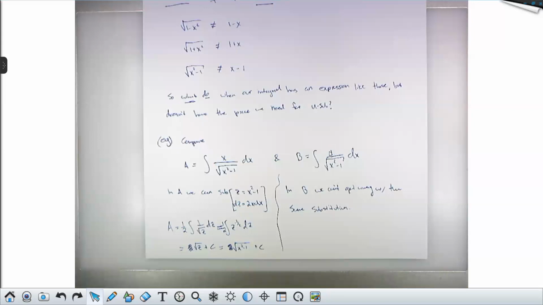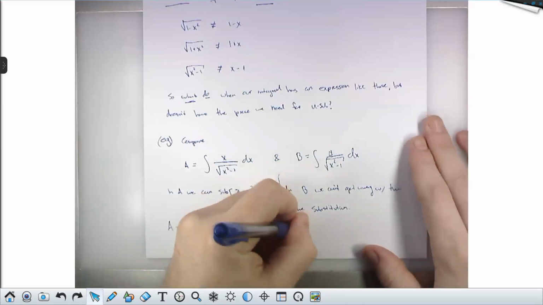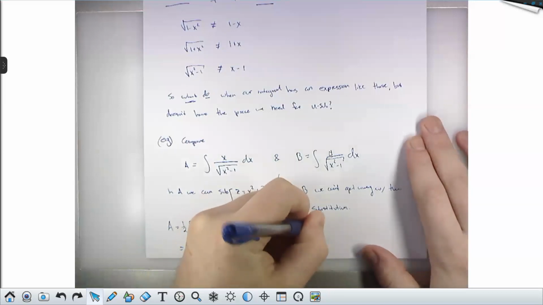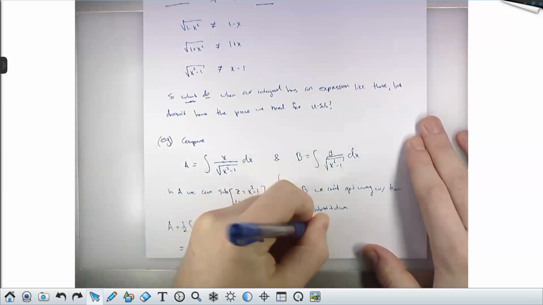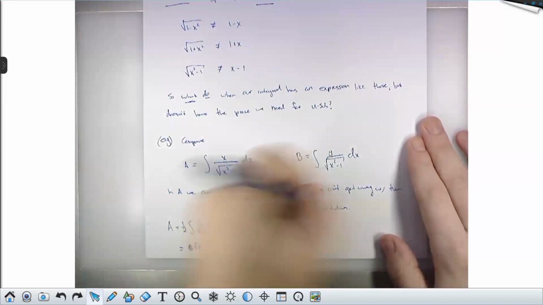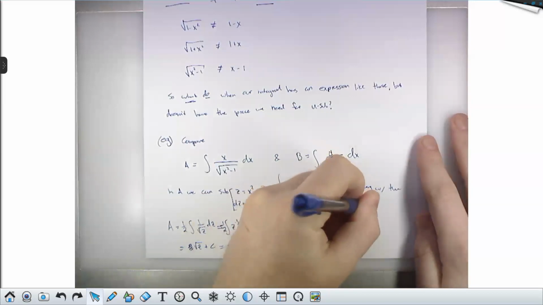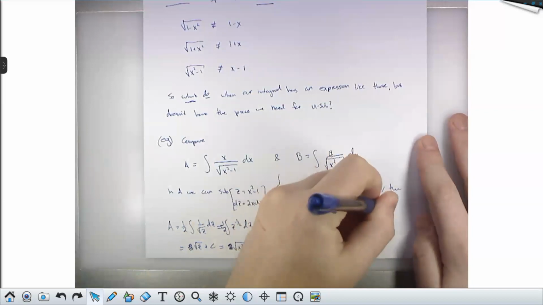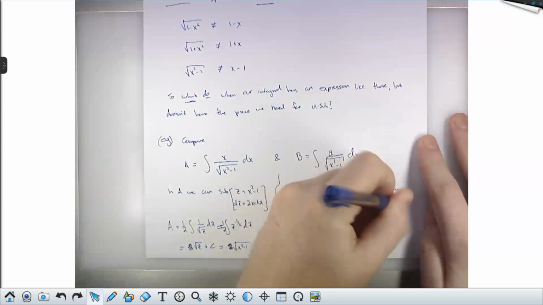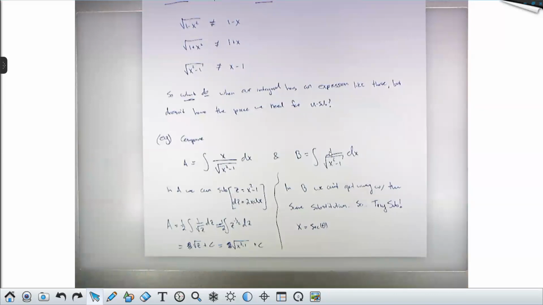So the integral B, what I'm actually going to do here is let x be secant theta. Because I don't have the piece upstairs, I need another way through, since a u sub won't work. I'm going to try the trig sub.